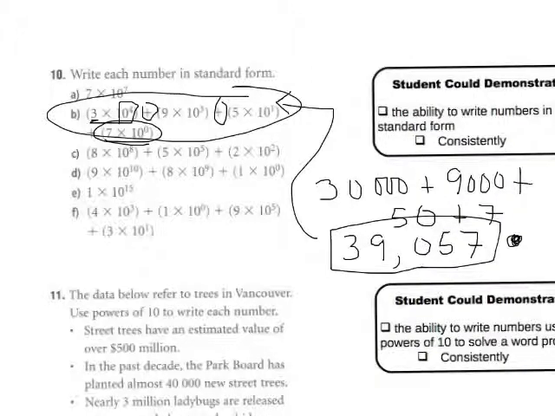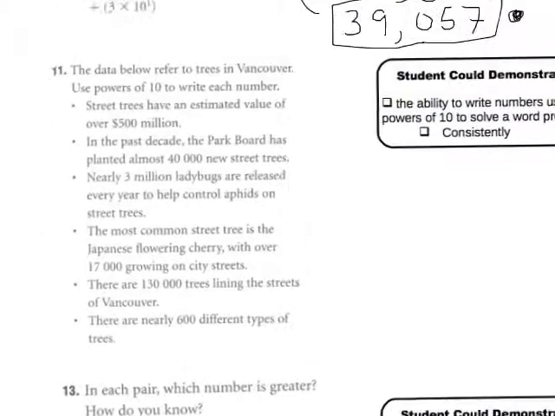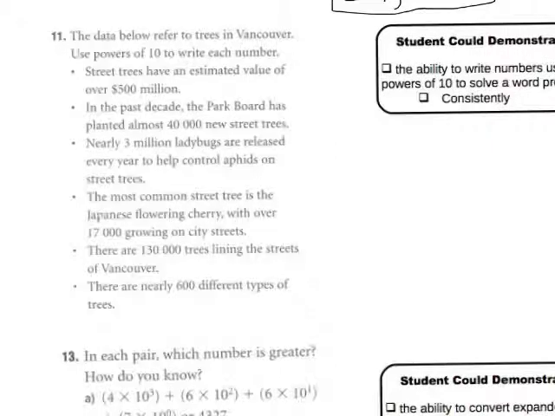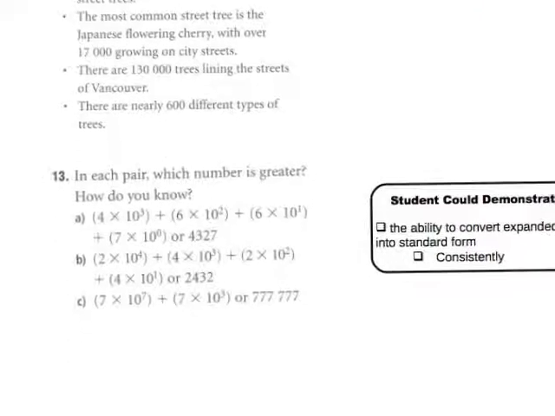Okay, so we'll move this down a bit. Number 10, again, you're just going to be writing these in powers of 10 like we did on the other page, so you'll have to figure that one out. And number 11, how do you know which one is greater? My advice, for number 13, is you'll just have to figure out the standard answer for each of these. So here, that's 4,000.